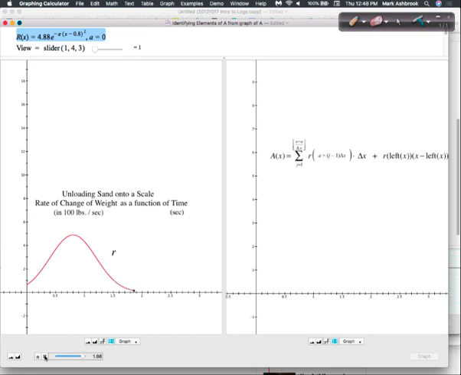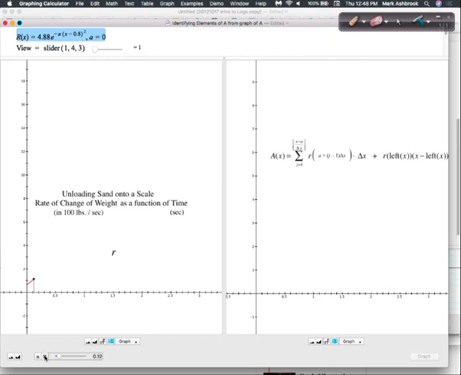So say again, how much what? Okay, is that what we want? We want to know how much sand we're adding every second. Is that what we want to know? Or how much do we have at every second?